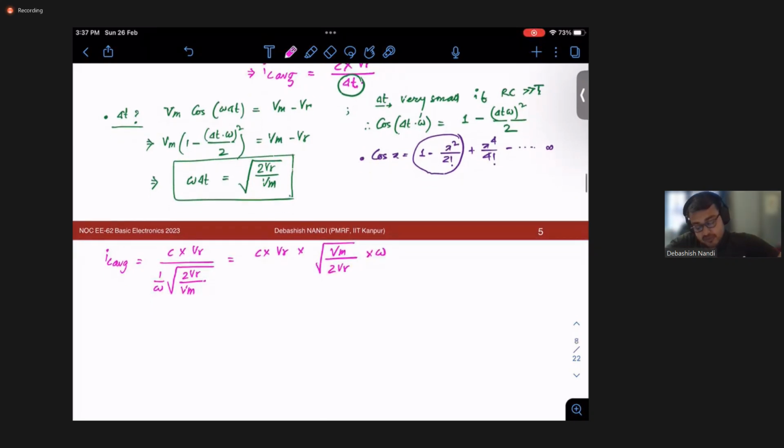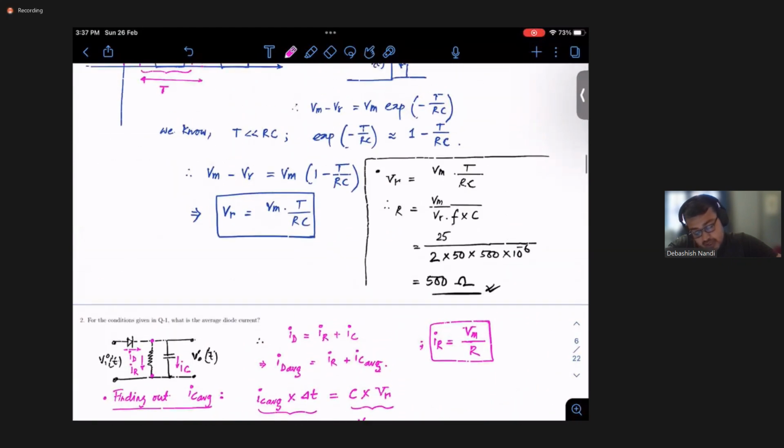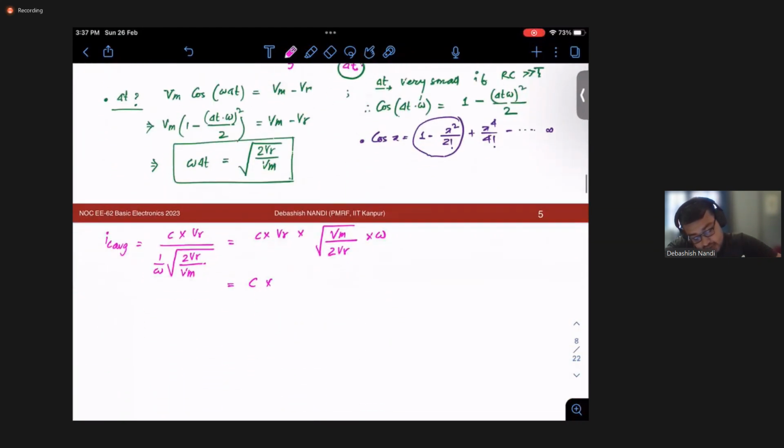Now we know the expression for VR. Let us substitute VR here. VR, we know, is Vm into T over RC.